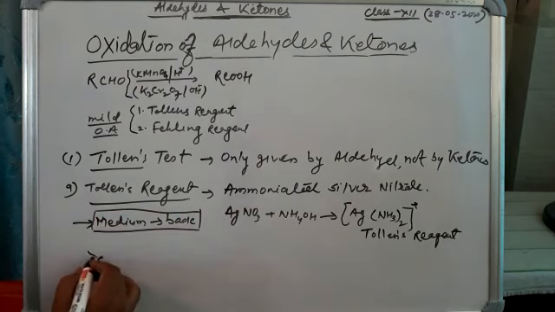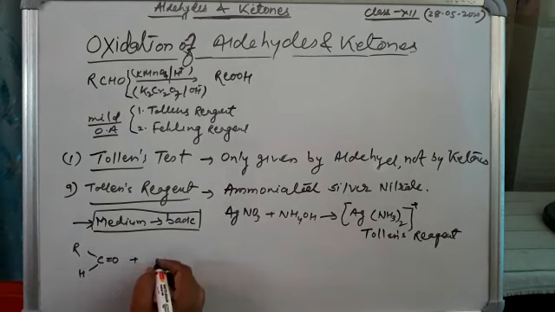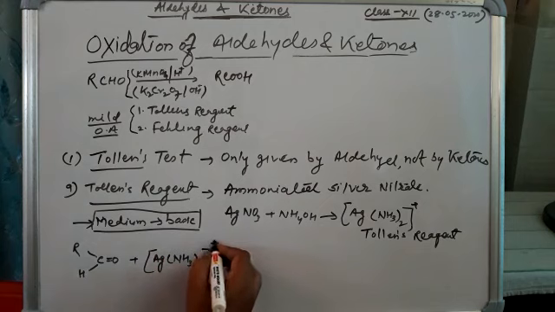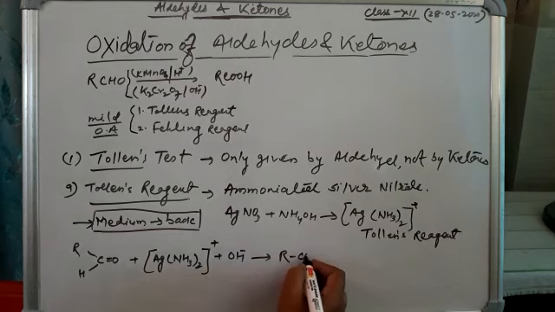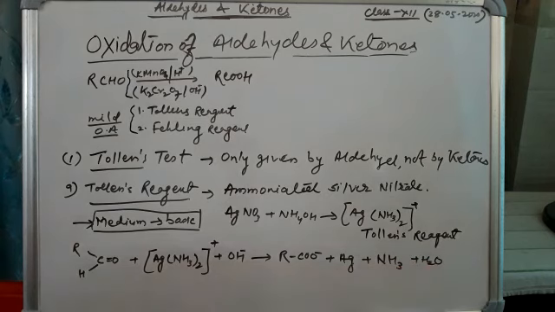Because this test is given only by aldehyde, we take aldehyde and ammoniated silver nitrate in basic medium, and formation of acetate ion takes place with silver, and the byproducts will be NH3 and water.